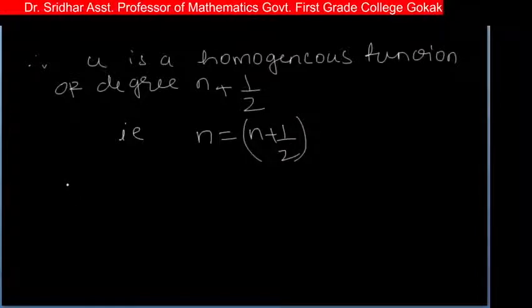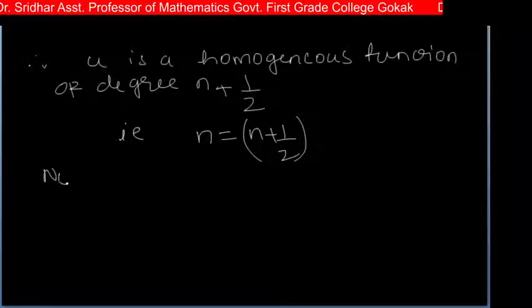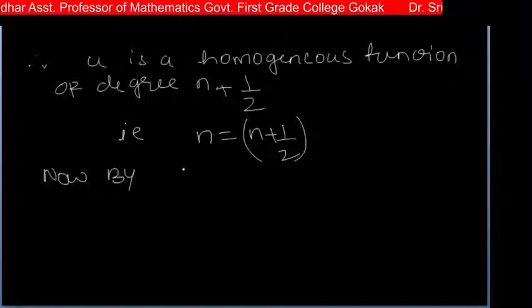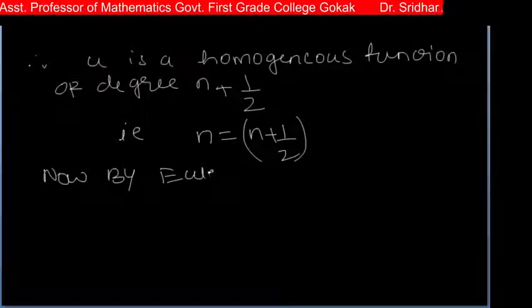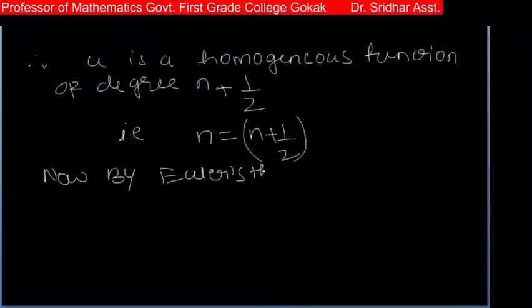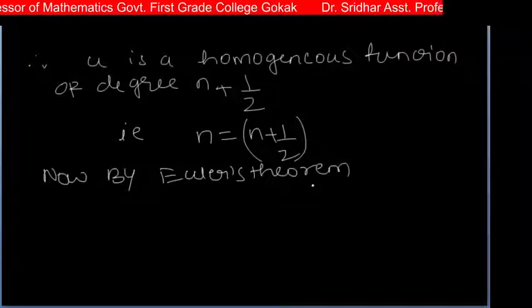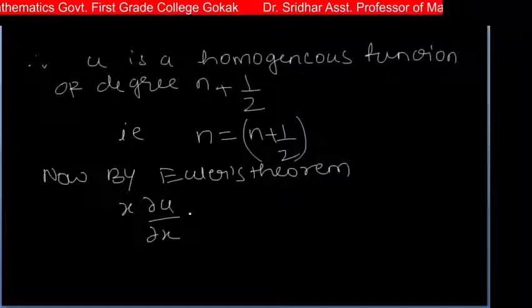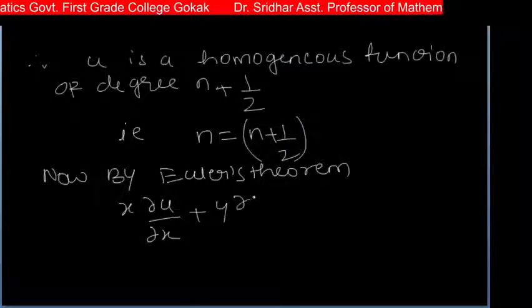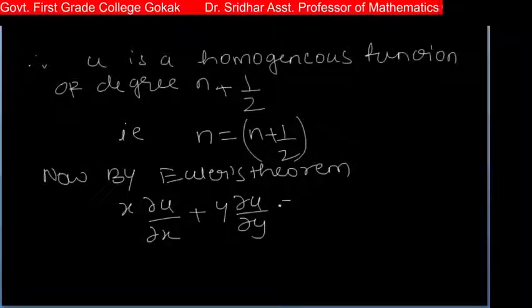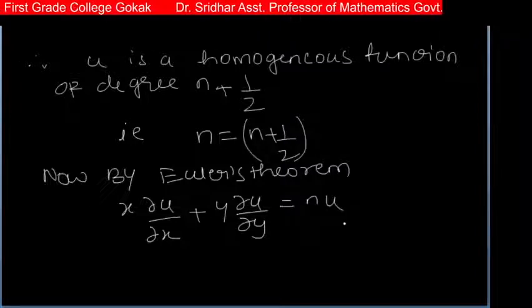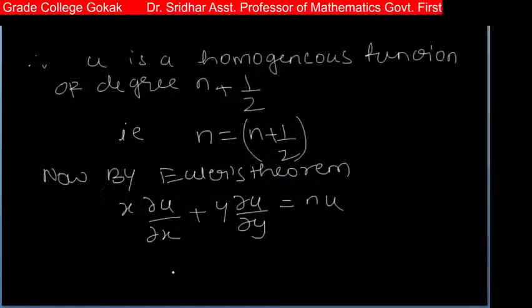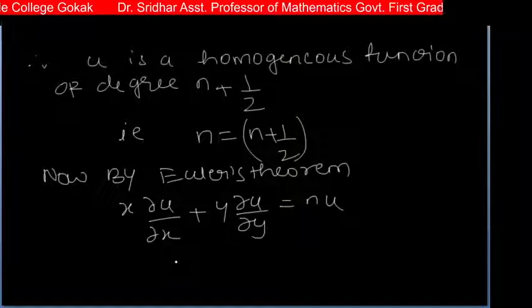Okay, so now in this case, by Euler's theorem, what we have is x dou u by dou x plus y dou u by dou y is equal to n into u.